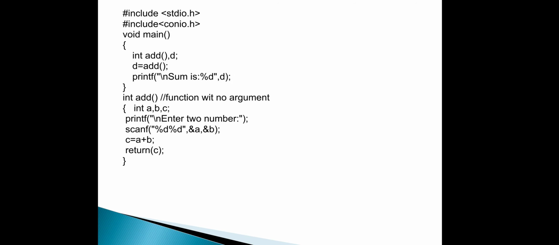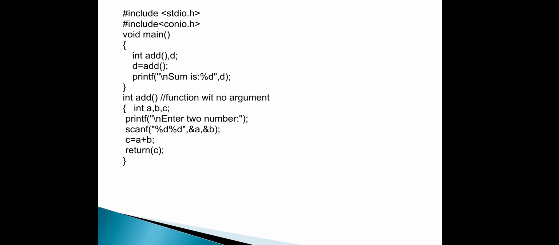So see this example. Here there is no data transfer from the calling function to the called function, but there is data transfer from the called function to the calling function. No argument is passed to the function add, so no parameters are defined in the function header.